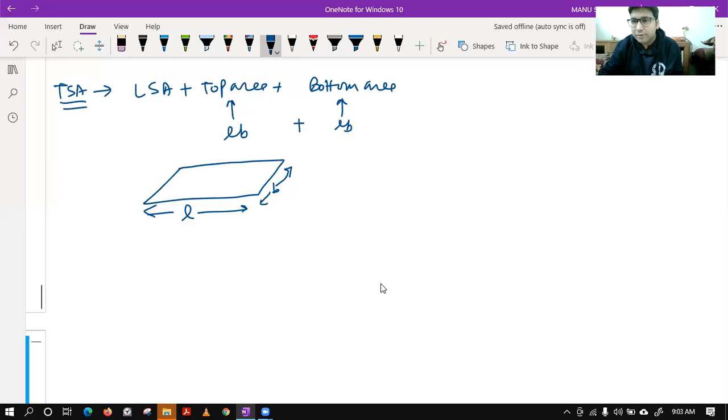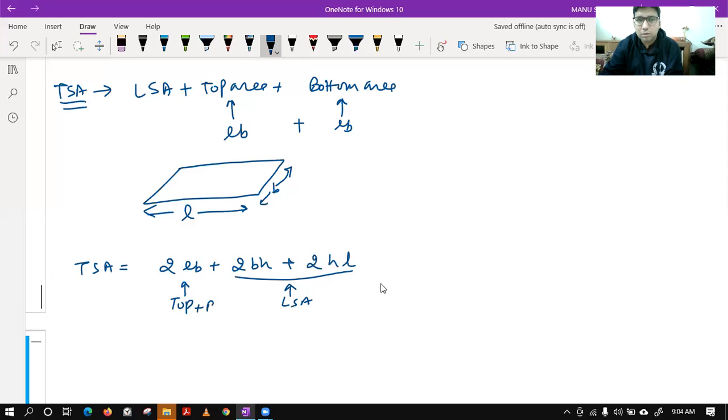And now let's write. Yes, yes, Samriddhi. And now write the TSA. It is given by 2 LB plus 2 BH plus 2 HL. This was the LSA, and this is the top plus bottom. And now class, tell me what is common.